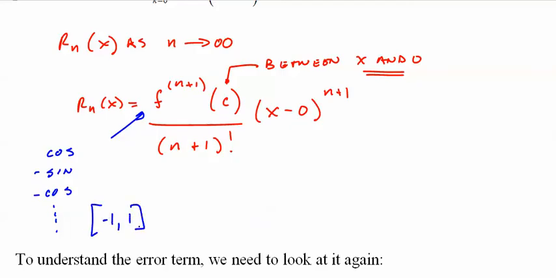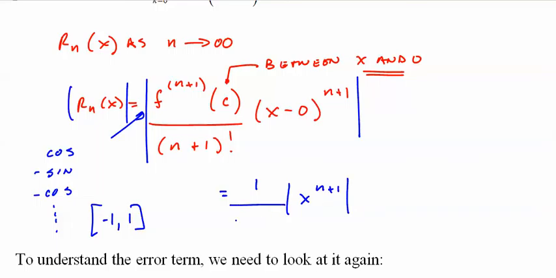It bounces around in there. Now we're going to take the absolute value because it's a remainder and we just want to know what it is as a quantity, not as a sign. And we know that the top's going to end up being 1. This side is going to be x to the n plus 1, and this is going to be n plus 1 factorial.